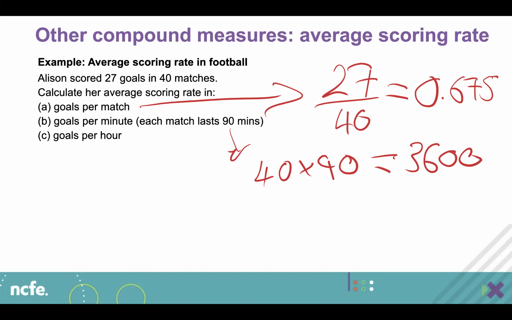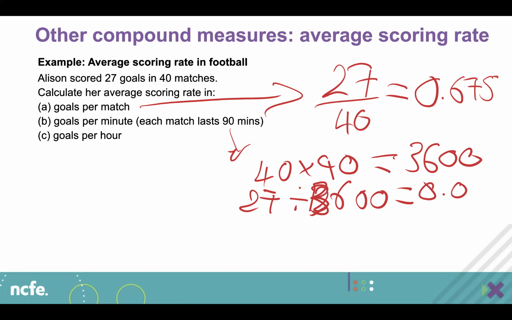So goals per minute would be 27 divided by 3,600. So the answer would be 0.0075 goals per minute.